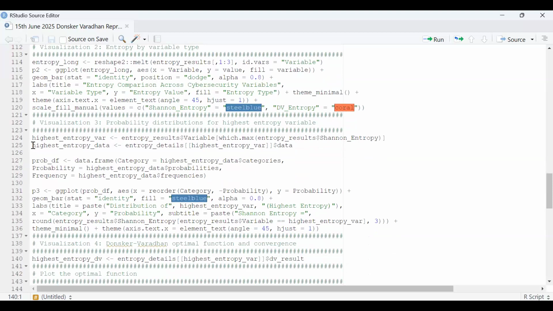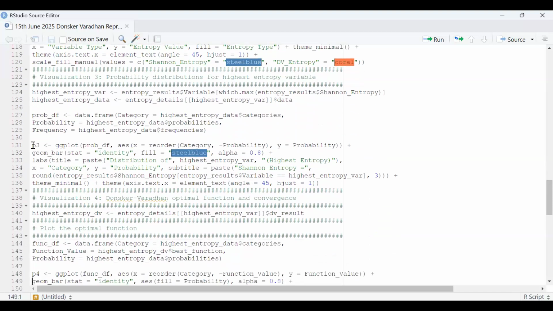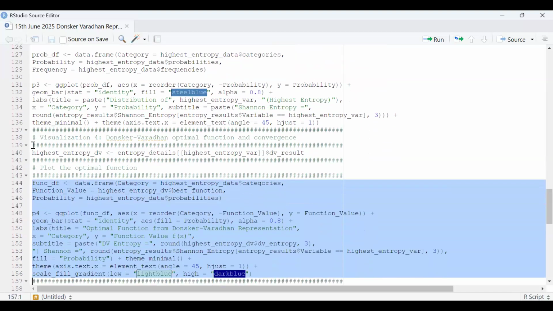And then I also try to visualize the convergence or the optimal function for the Donsker-Varadhan entropy. And I plot its optimal function using ggplot here.